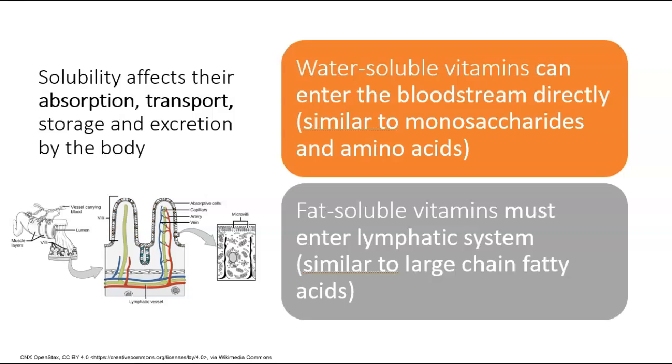They can enter the bloodstream directly, where the fat-soluble vitamins have to be kind of put with some sort of carrier to help them move through the blood. So the lymphatic system does that. So fat-soluble vitamins, just like the long-chain fatty acids we talked about, have to be moved into the lymphatic system before they can be dropped into the bloodstream.